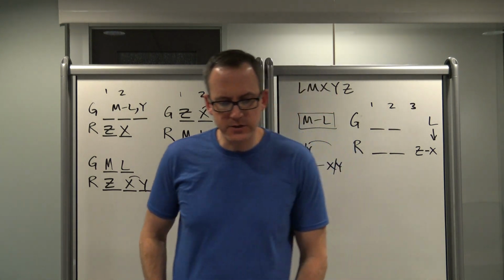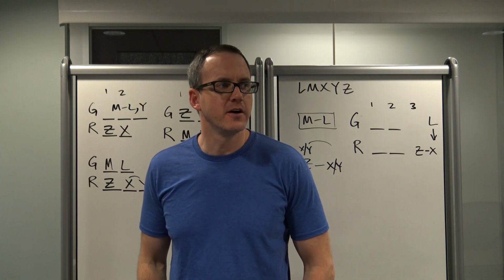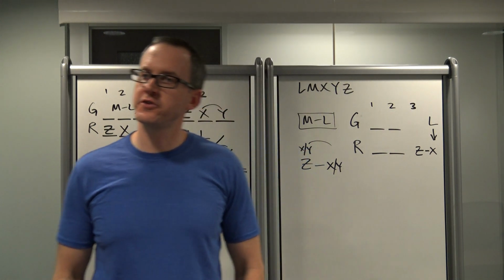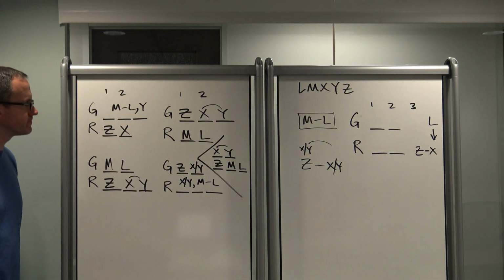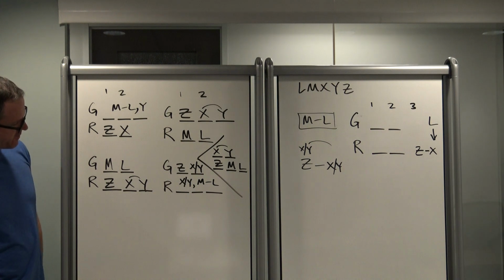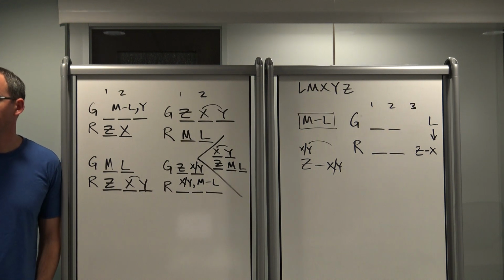D, either X or Y or both must be at 2. Okay, under the old rules, did X or Y have to be at 2? At least one of them? In every single scenario, we had X or Y at 2.